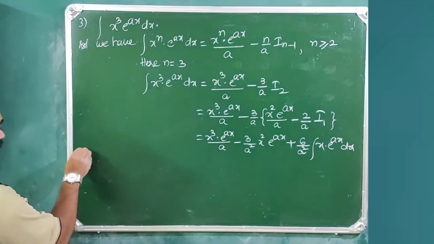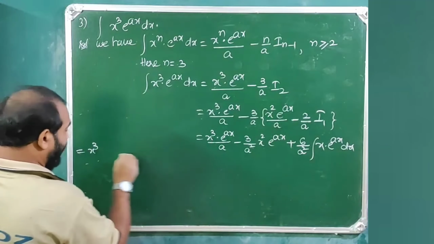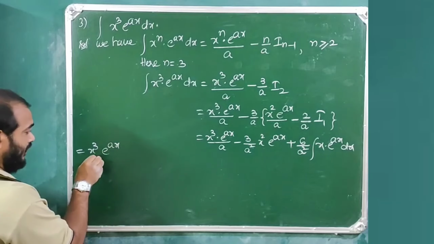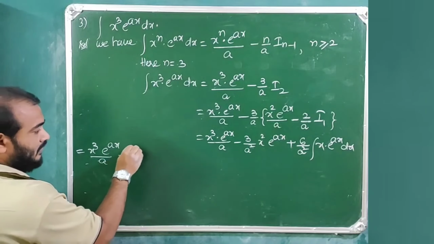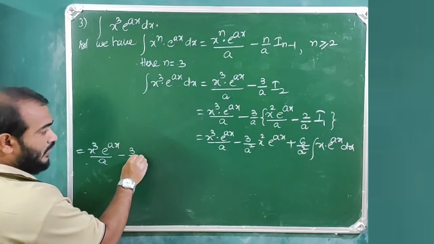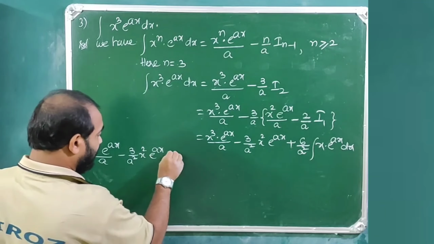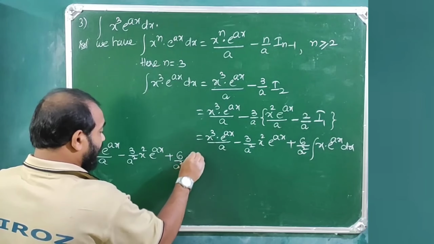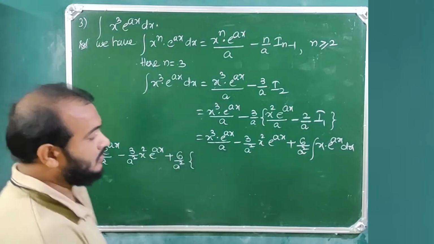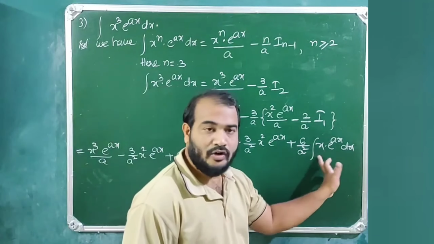So this is equals to x cube into e power ax by a minus 3 by a square x square e power ax plus 6 by a square into, this is again product of two functions.